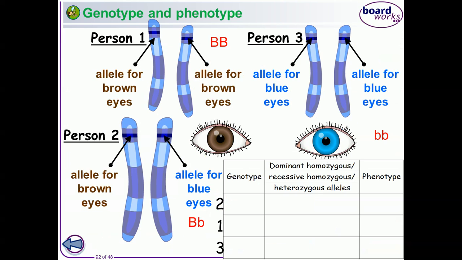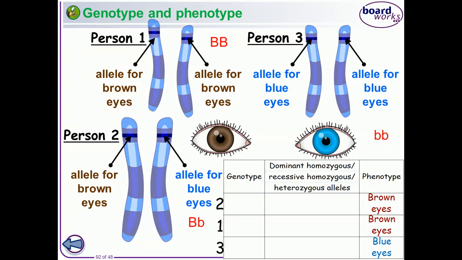Now we could use all of that information to explain the phenotype and genotype of these three different people. So person 2 has the phenotype brown eyes because that is the color of their eyes that they are physically expressing. The eye color for person 1 is brown also, and then person 3 has got a different phenotype, blue eyes.